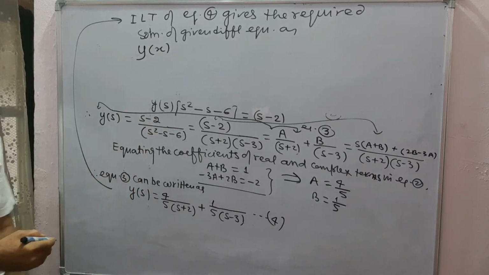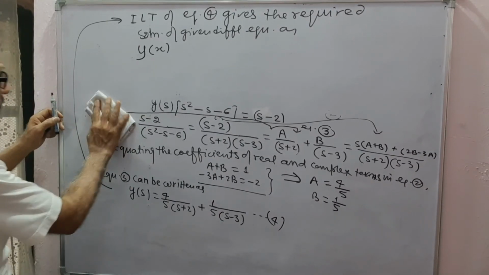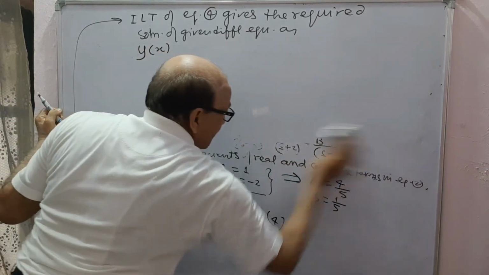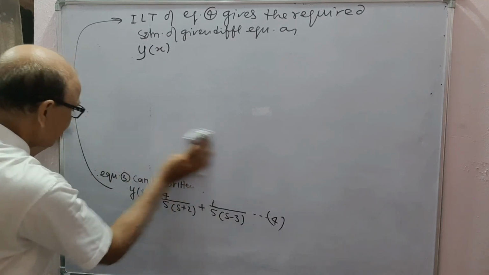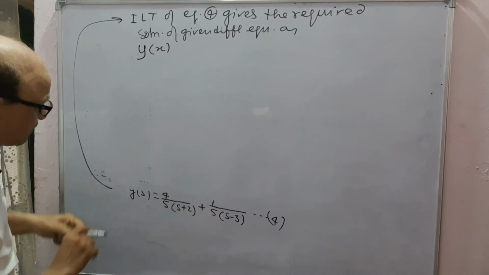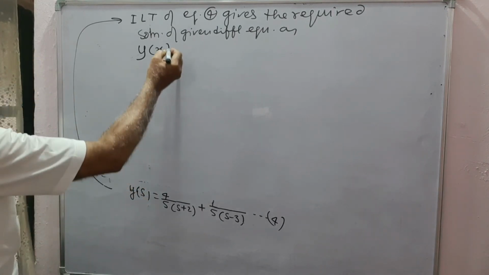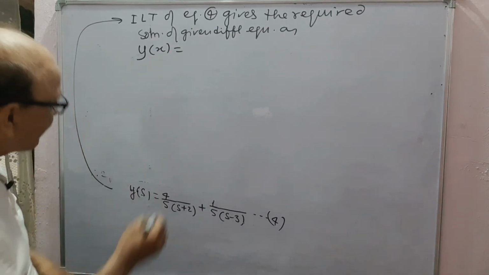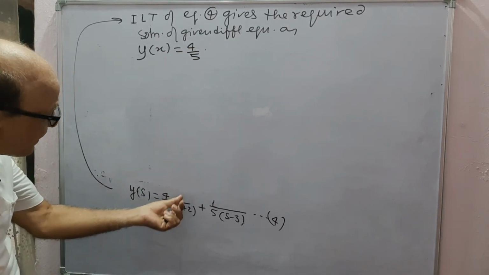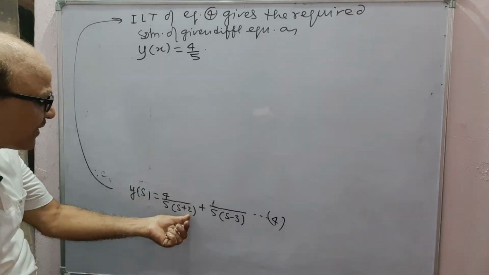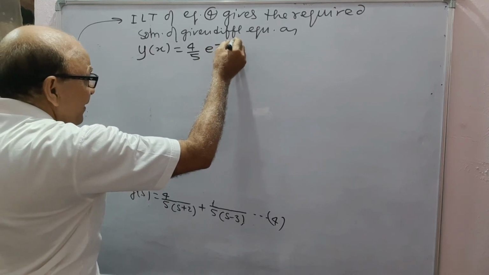Here 4 upon 5 is the coefficient, and 1 upon s plus 2 corresponds to e to the power minus 2x.